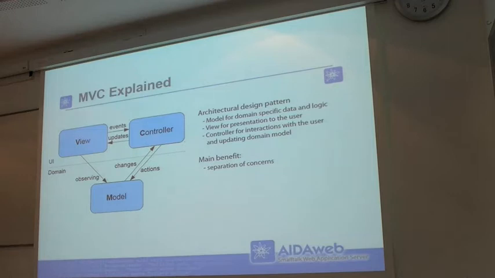Okay, MVC is an architectural design pattern. So we have model, view, and controller. Model is for domain-specific data and logic. Be careful, in Smalltalk, domain modeling is a bit different than in other languages, because in Smalltalk we usually have live, long-living objects, especially if you use the image as persistence, or if you use an object database like Gemstone.